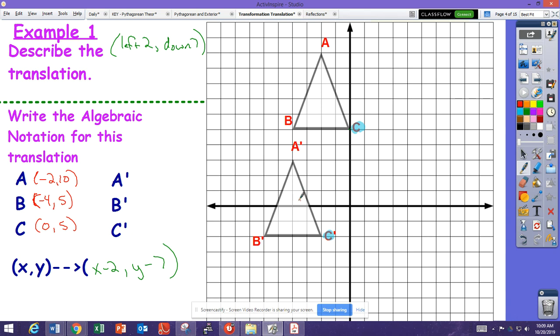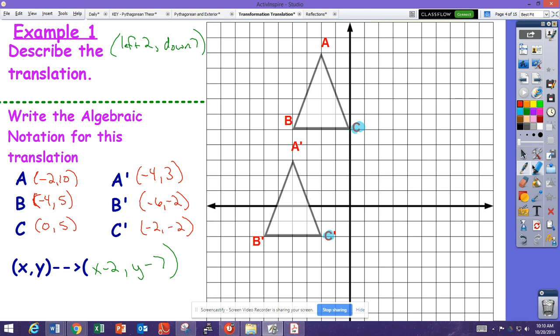Right, and then the prime points, right? These are after the transformation. A is at negative 1, 2, 3, 4, 1, 2, 3. So negative 4, 3. B prime is at negative 1, 2, 3, 4, 5, 6. Negative 1, 2. So negative 6, negative 2. And then C prime is at negative 2, negative 2.